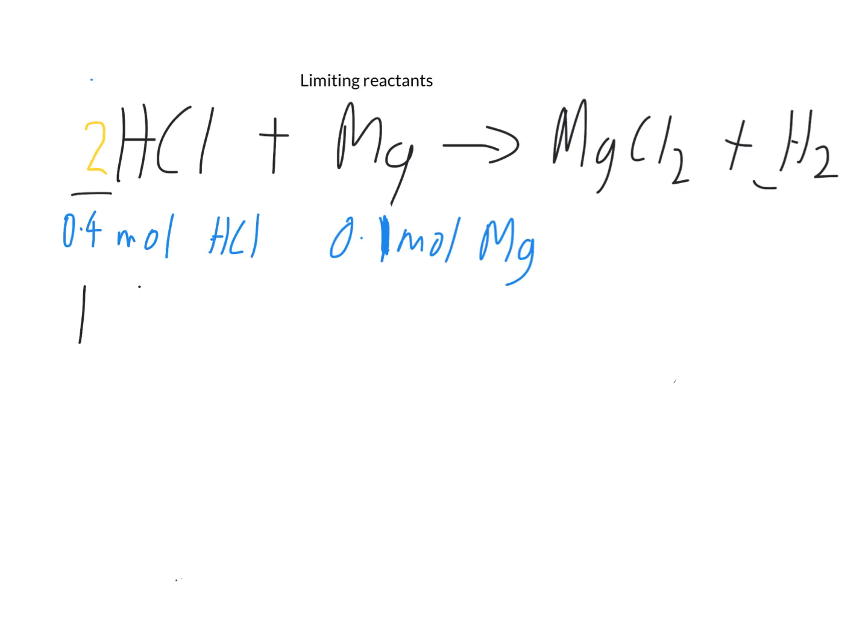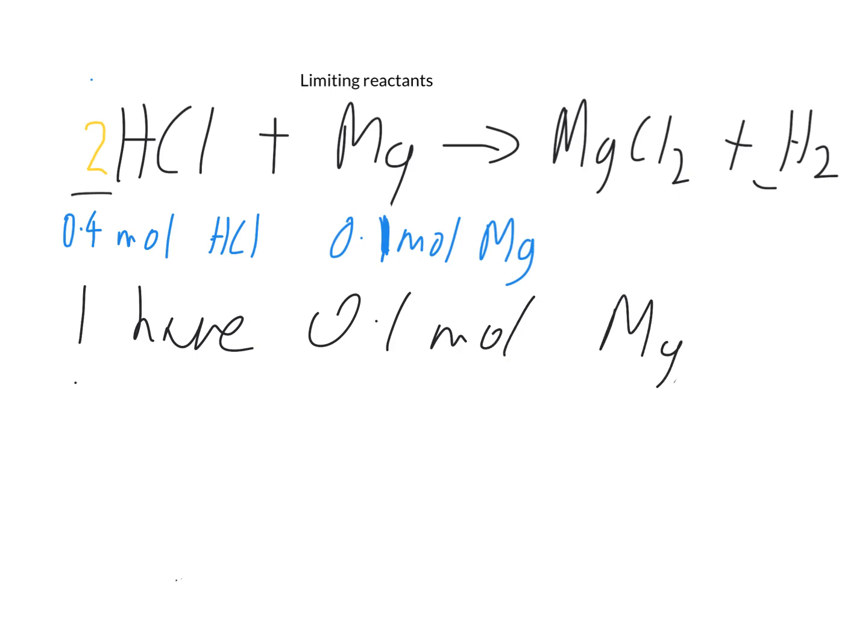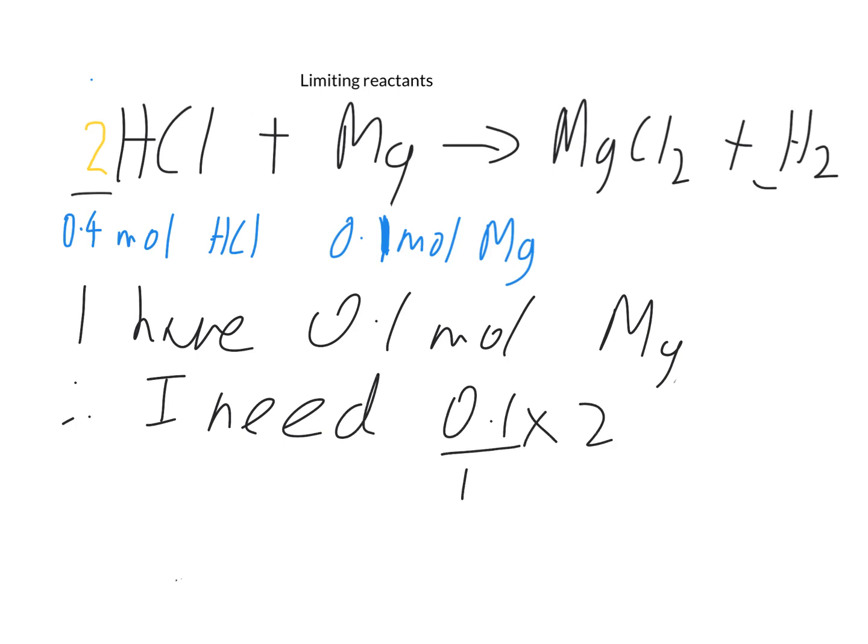So I'm going to use the magnesium again. I'll say I have 0.1 moles of magnesium, therefore I need, same deal, 0.1 divided by 1 times by 2, which is equal to 0.2 moles HCl.